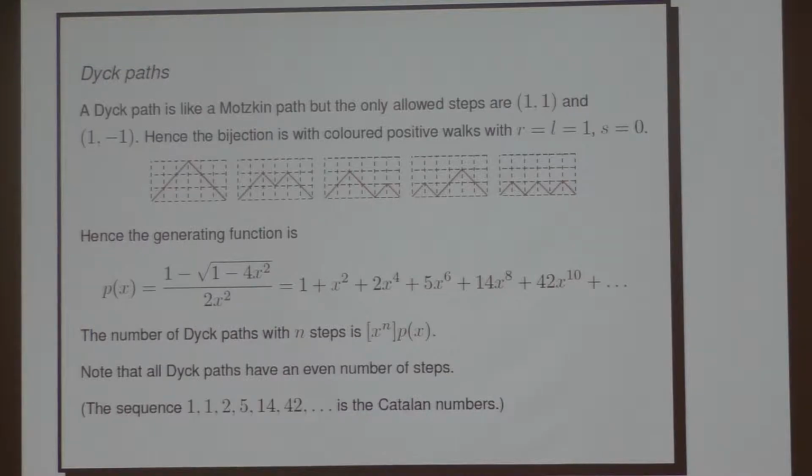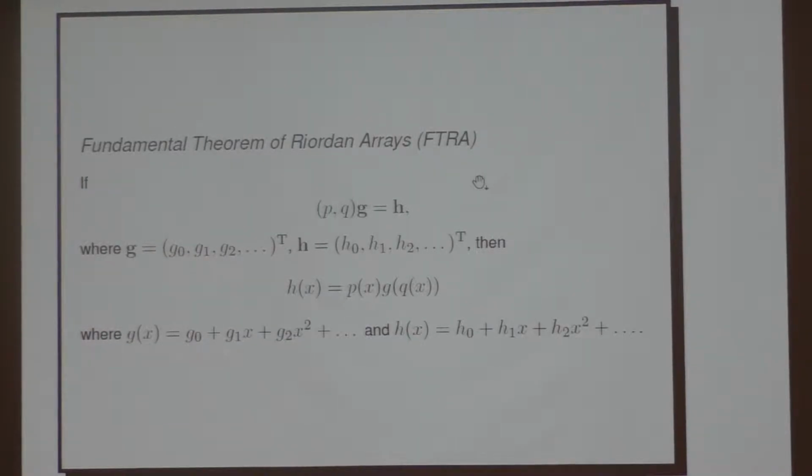Okay, so the final theorem I want to mention has the fancy name, the fundamental theorem of Riordan arrays, FTRA for short. And it turns out this is actually very useful. It's also simple to prove using matrix multiplication. So basically what we have is this.